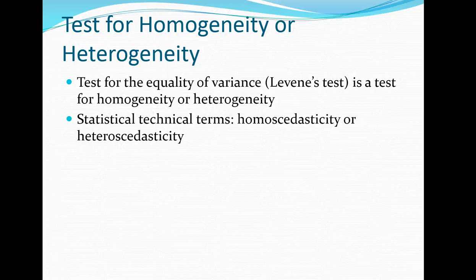Now, what are you going to do if your ANOVA shows that there's no equality of the sample variance? Well, you cannot do ANOVA because ANOVA is parametric. Then you're going to resort to the non-parametric equivalent of ANOVA, and that is the Kruskal-Wallis H test.